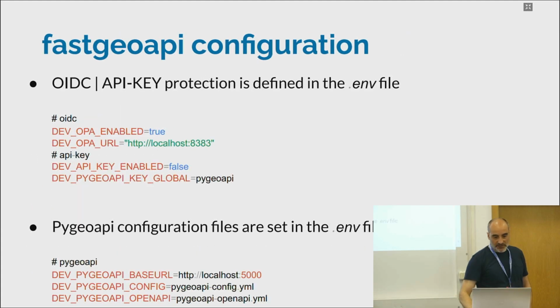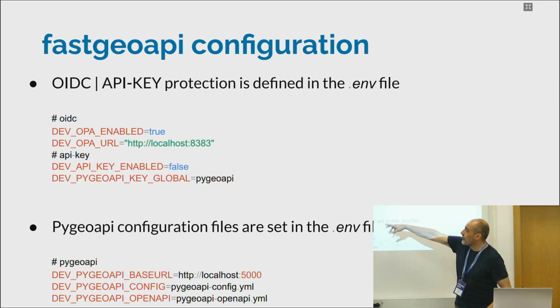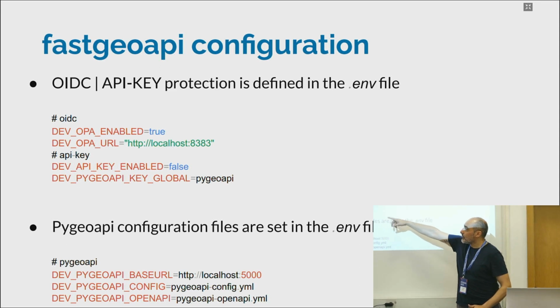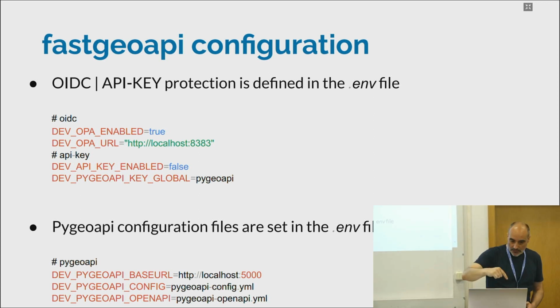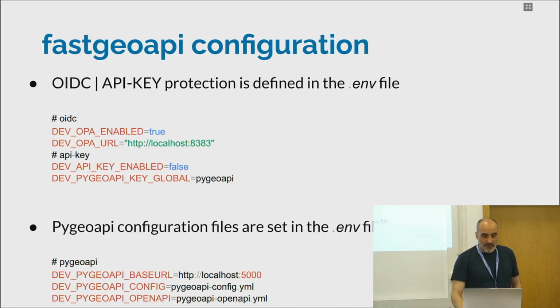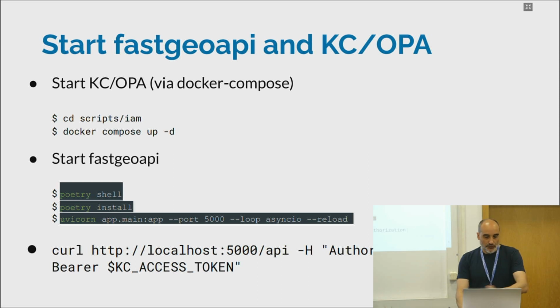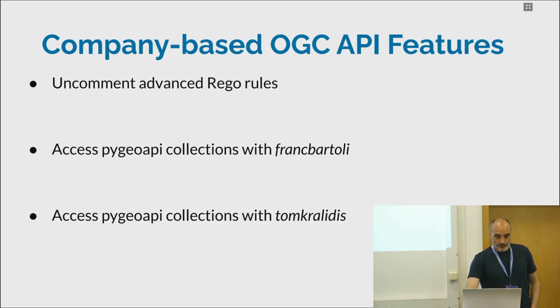And these are the environment variables for the configuration of pygeoapi and the fastgeoapi application that wraps the library. This is how you can start the tool. And this is basically what I want to show you.